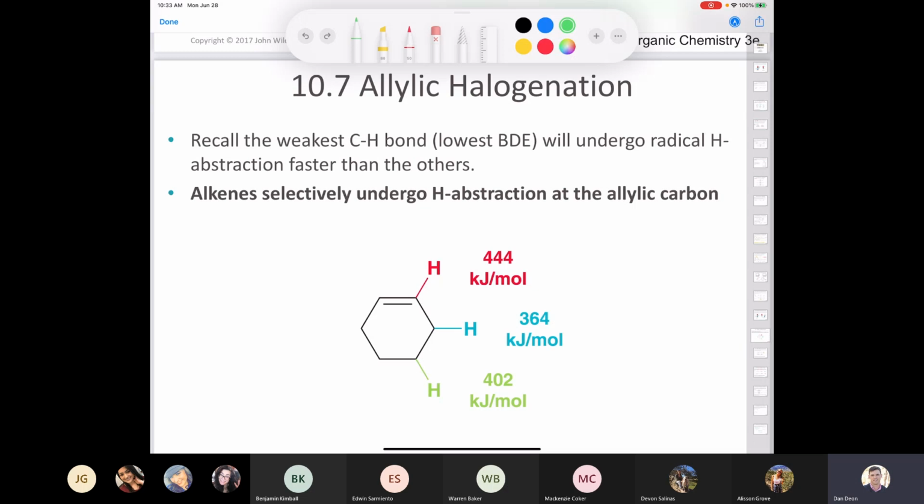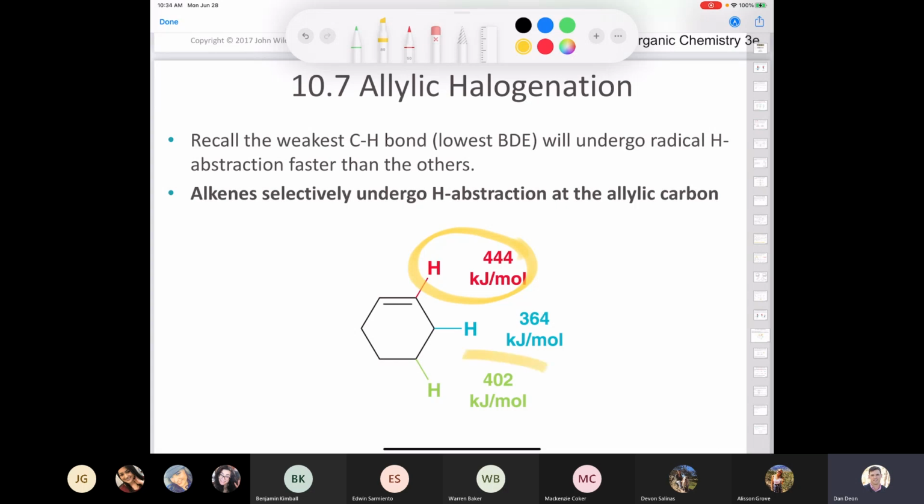So alkenes will selectively undergo hydrogen abstraction at the allylic carbon. If you look at all the bond dissociation energies, you see that the bond dissociation energy that would produce a vinylic radical is the highest because you end up with a radical that is very unstable.